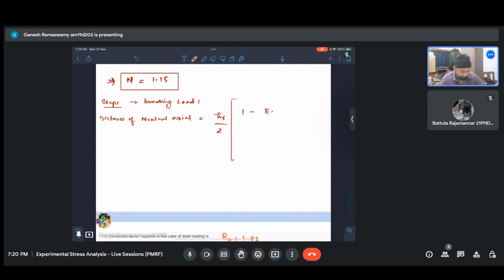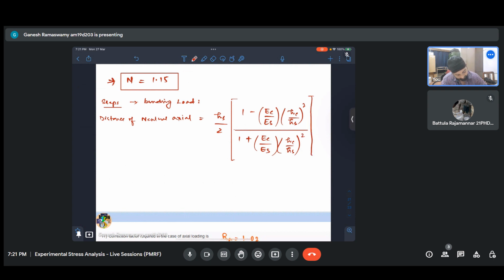EC by ES, HC by HS. So the idea is to plug in and at least reflect on the results as to what they are trying to convey, because we are not just trying to evaluate this for no reason. HC by HS whole square. So this is what it comes to.